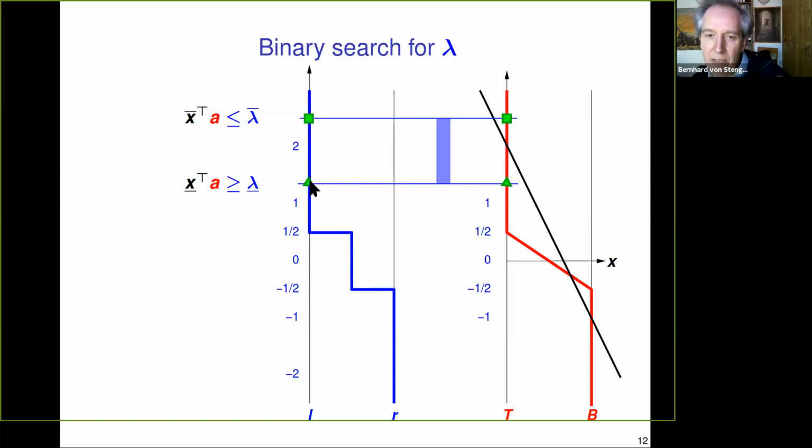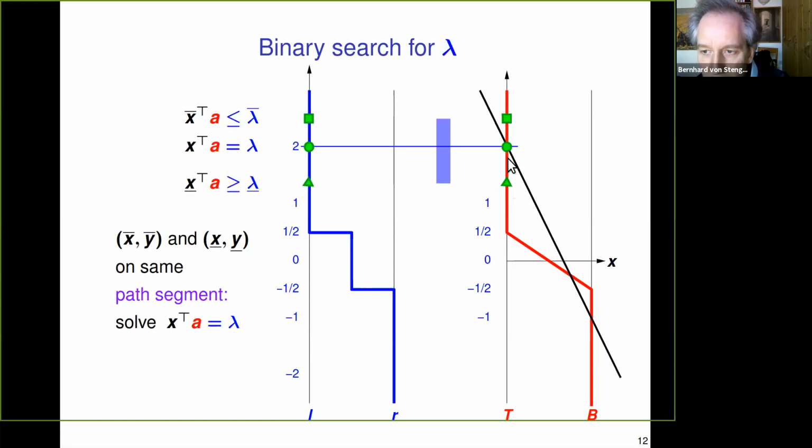It's in a sense the same linear programming variables that you use. And now you can solve them directly. You don't need to continue the binary search. You can effectively directly solve the equation that you want because they're on the same path segment. It's a piecewise linear path, and then you find the equilibrium. So once the path segment has been reached that they lie on, we can terminate and solve the game. So we have now solved the search problem with binary search.